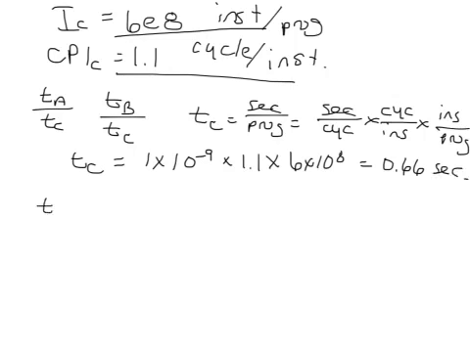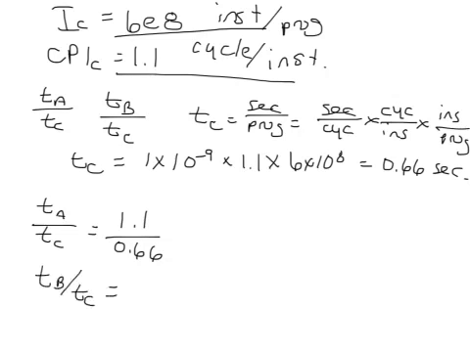So TA over TC is 1.1 over 0.66, and TB over TC is 1.5, sorry, over 0.66.